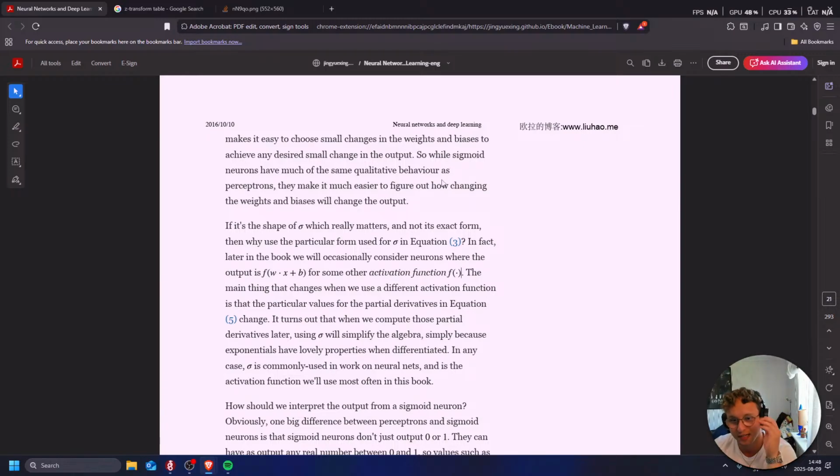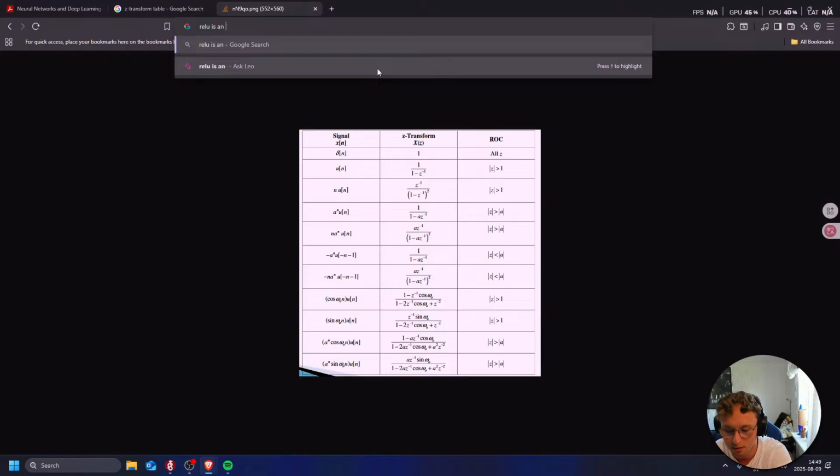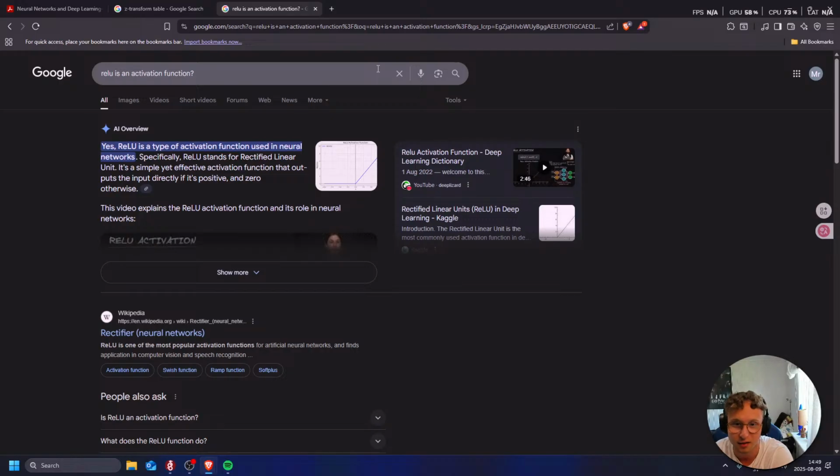So basically what they say is, if we have a different activation function, which I think in this case is the ReLU function, but is ReLU an activation function? Let's check this. Yes, ReLU is a type of activation function used in neural networks. Great.